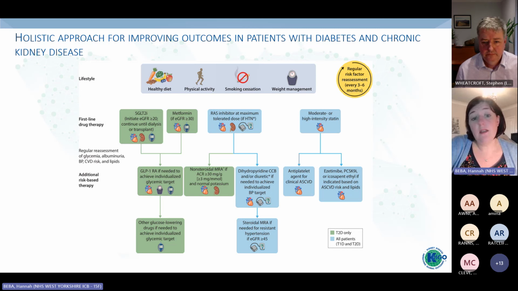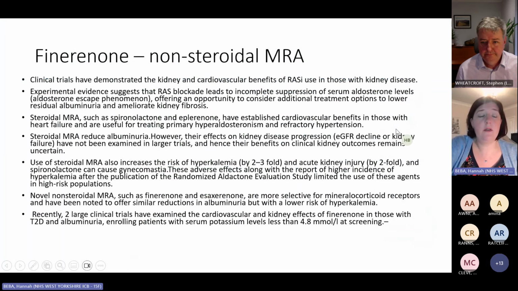And so again, these are good drugs, and they should be added in sooner rather than later if you can, and if people are eligible. And again, we're thinking about optimizing your RAS blockade, and also now thinking about adding in things such as a non-steroidal MRA. And again, the lipid therapy, as Steve's already taken us through.